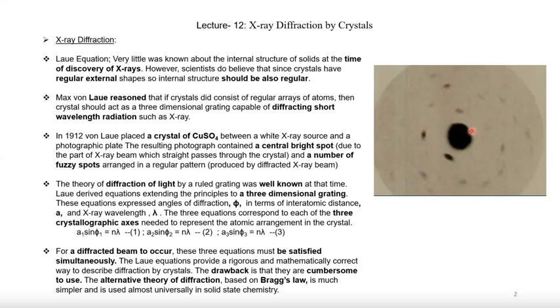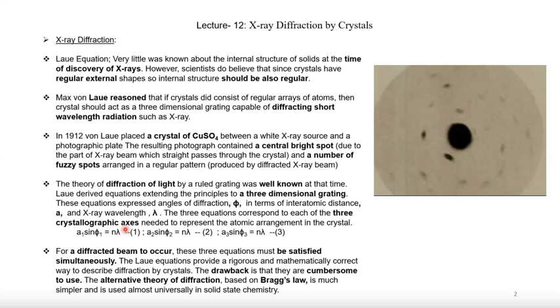So the equation he developed gives the angle of diffraction psi in terms of interatomic distance, which he called a, and X-ray wavelength lambda. Then he developed three equations along the three different crystallographic axes.